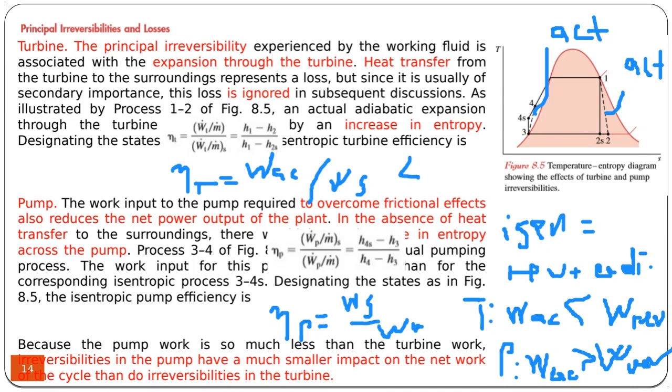If it's equal to 1, it means that it's an isentropic pump or turbine. Otherwise, it's a pump or turbine with irreversibilities inside. For the turbine, use this, and for the pump, you need to use that.